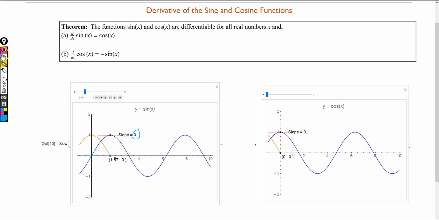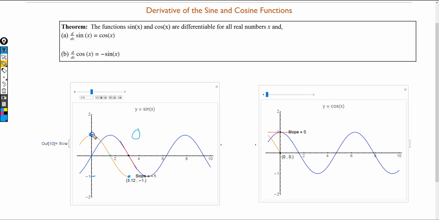Alright, so now let's let that line continue to move along. And right about here, now, we see that the slope of this red line is negative 1. And so we would plot negative 1 right there. The y-coordinate, see, negative 1, would be plotted on the graph of our derivative function.